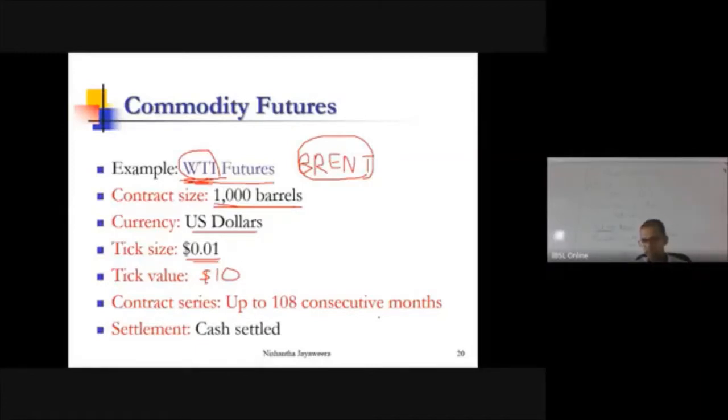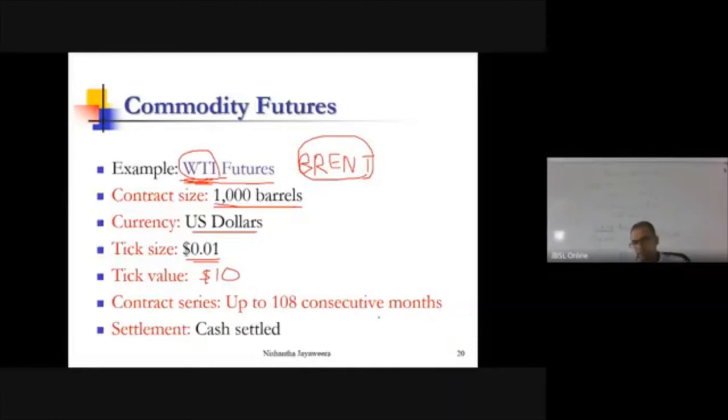Now it's July. The July one might already be expired. There may be August, September, October, November, December, January, February, likewise, but up to 108 consecutive months. That means how many years?